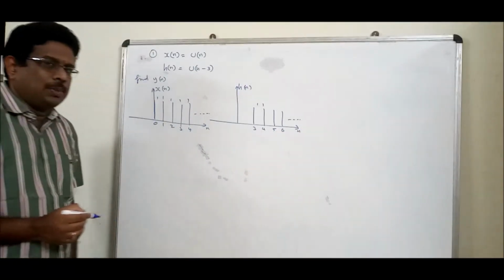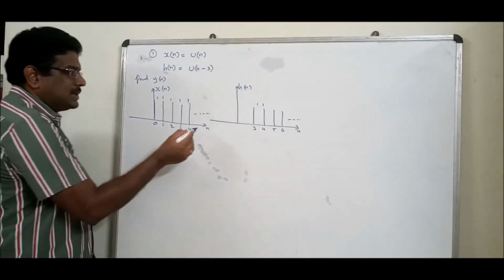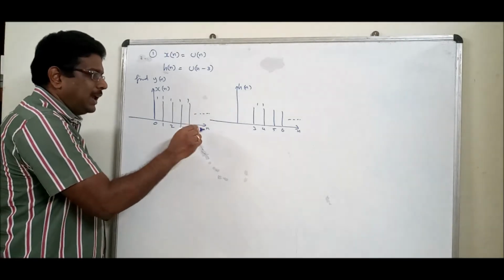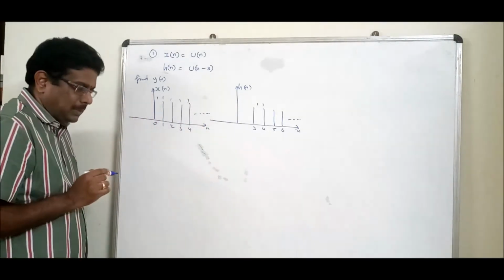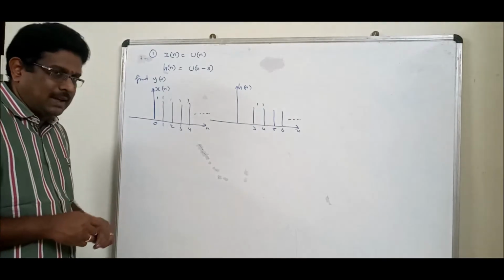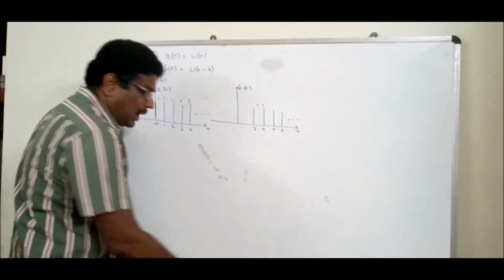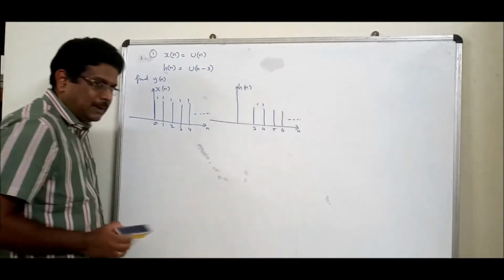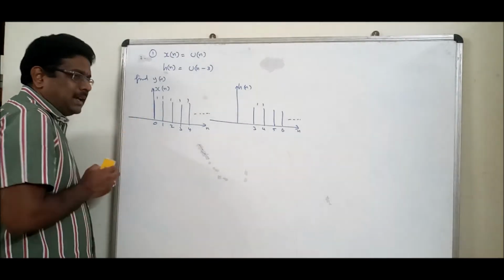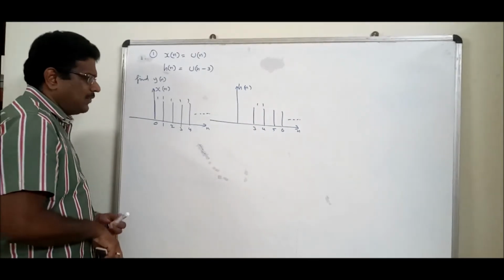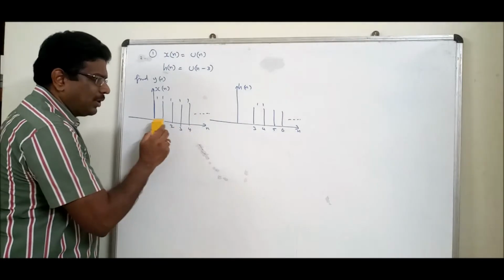Now what is our usual procedure? Instead of n, if you put k, it will become x of k. But my general advice, whenever you do a convolution problem, especially in discrete, we have a habit of writing 0, 1, 2, 3, 4, all the values.